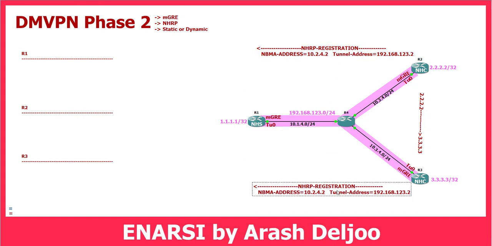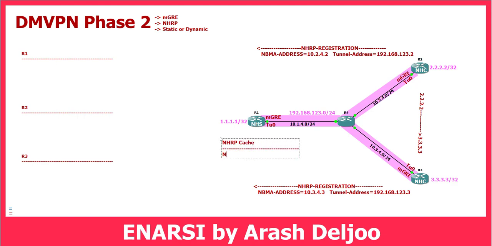Then router 3, again, is sending this information to router 1. For example, the NBMA address is 10.3.4.3, and after that, the tunnel address is 192.168.123.3. That's it. Now, in router 1, in the NHRP cache, we have this information, as you have learned before. With show ip nhrp, you can monitor this cache, the NHRP table or NHRP cache. Look at here.